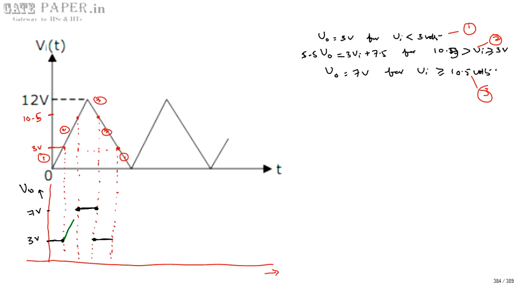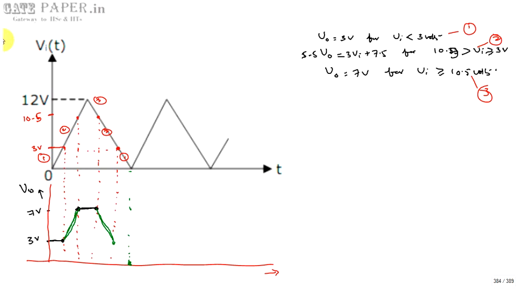So we can draw the waveform like this. This is region 3, till it is 0 volts.